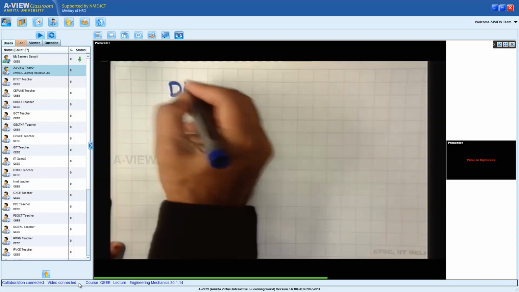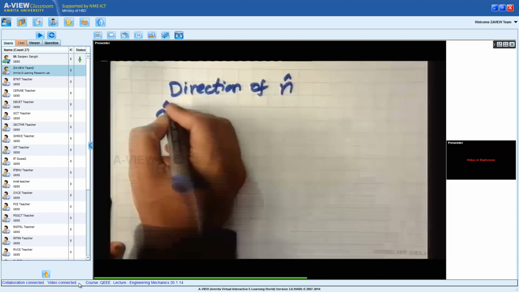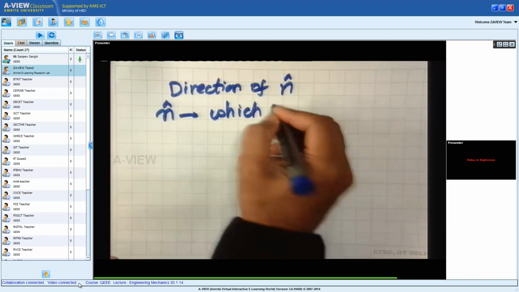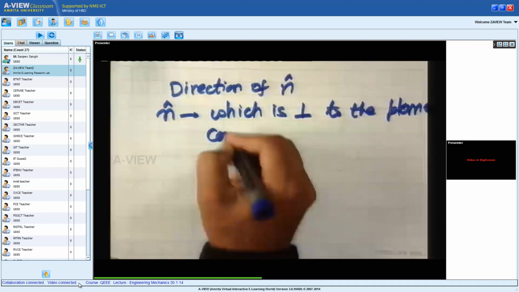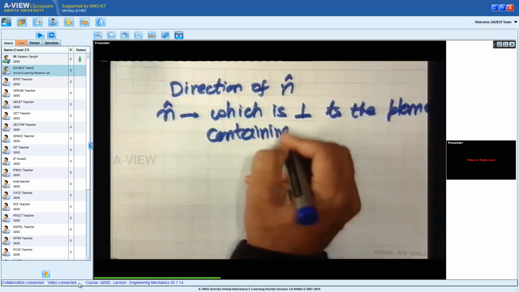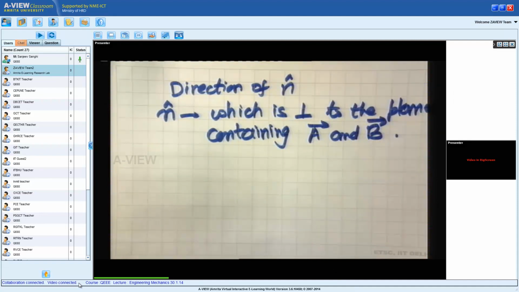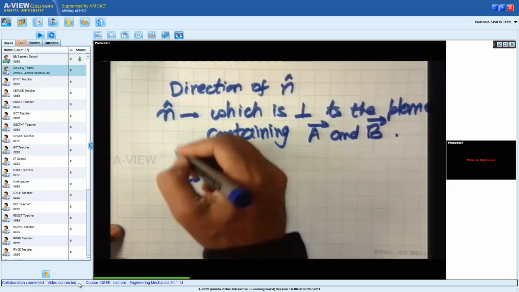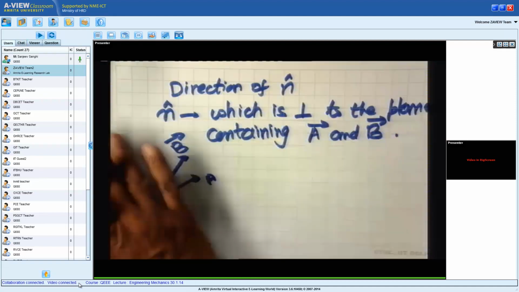And let us explain what is the direction of n. Firstly, the cross product is in a direction which is perpendicular to the plane containing the vectors A and B. So for example, if this is vector A, this is vector B, then A cross B. Right now they are in the plane of this paper which I was writing.